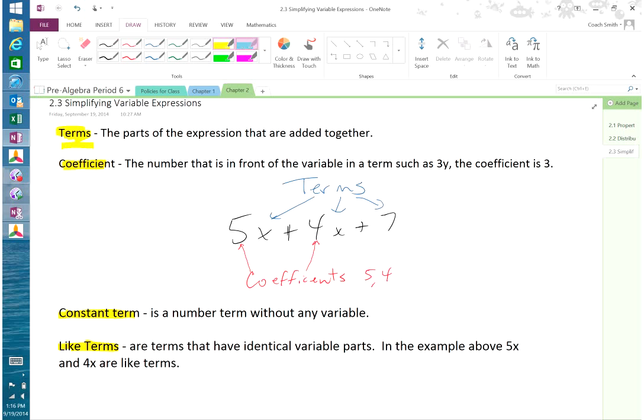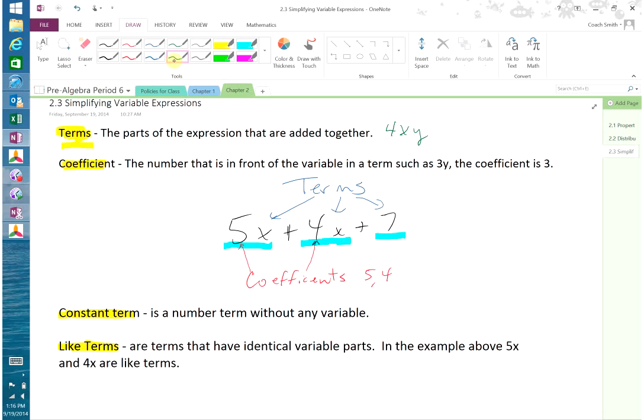As we've done down here, your terms are each of the problems separated by an addition sign. Okay? A term can have multiple variables in it, but it won't have any addition or subtraction in it. So a term could also be 4xy. That could be a term.